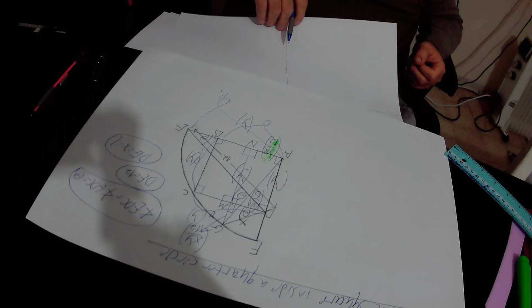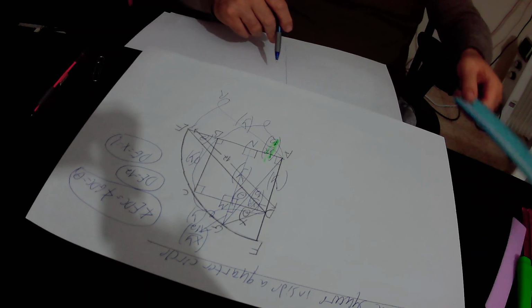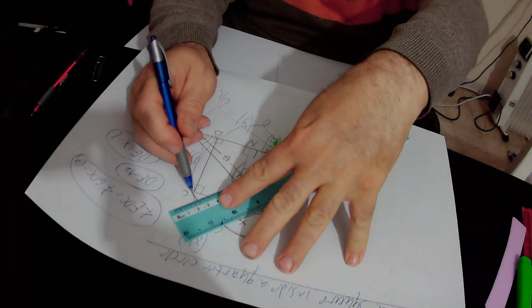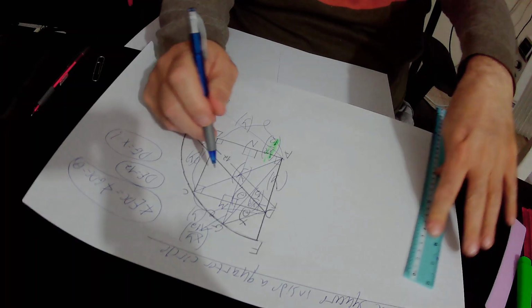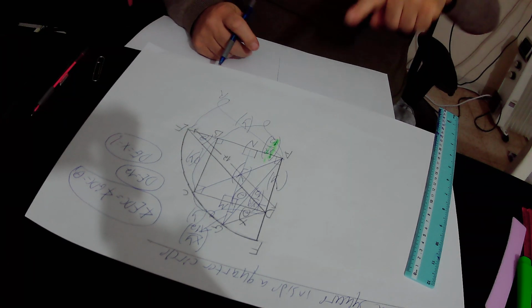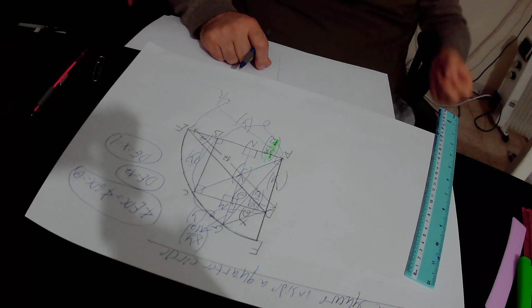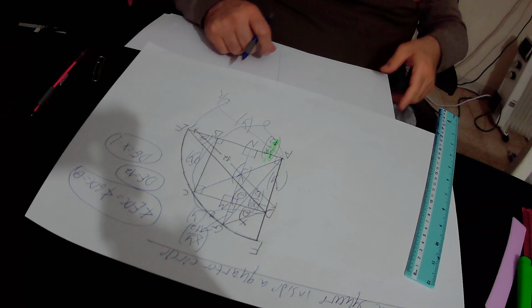In the next step, we join points A and C together by a straight line, and we'll implement the Pythagoras theorem on the right triangle ABC. So I'll copy the right triangle ABC in a new page and we'll implement on it the Pythagoras theorem.